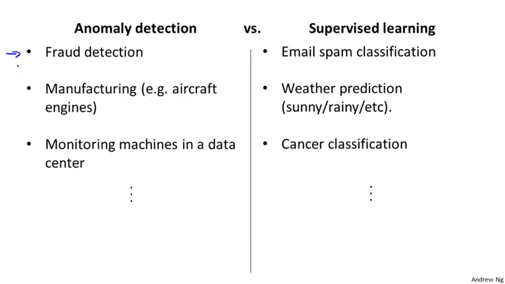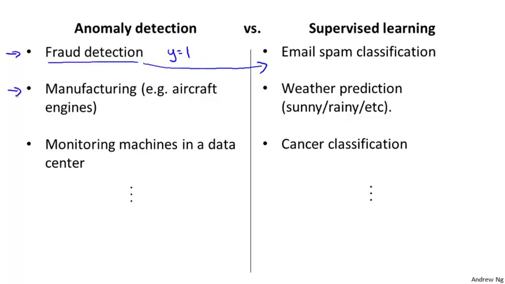I should say, if you're a very major online retailer, and if you actually have had a lot of people try to commit fraud on your website, so if you actually have a lot of examples with y=1, then sometimes fraud detection could actually shift over to the supervised learning column. But if you haven't seen that many examples of users doing strange things on your website, then more frequently fraud detection is actually treated as an anomaly detection algorithm rather than with a supervised learning algorithm.